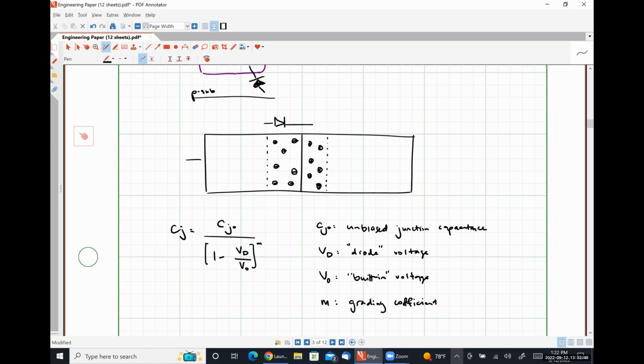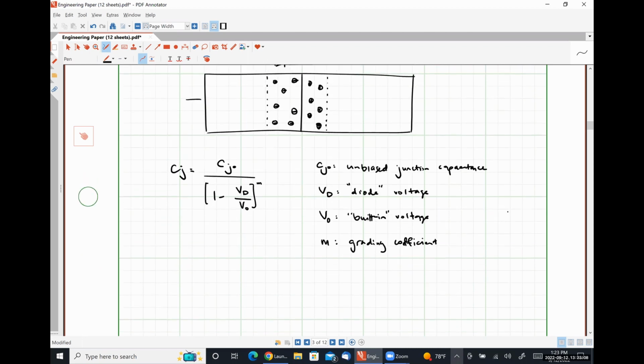I believe in 335, we just slapped a square root sign in the denominator and called it a day. In this class, we are going to take into account that we may not have step graded junctions because they're not particularly real. So M is 0.5 for step graded junctions.